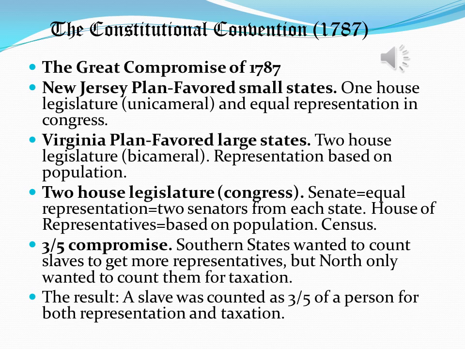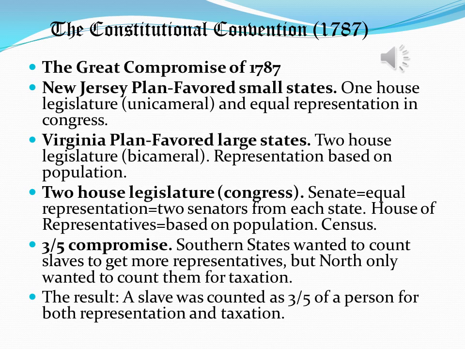So the more people you have in your state, the more representatives you're going to get in Congress, in the House of Representatives. In order to count how many people you had in your state, there would be something known as a census. Every 10 years, we have a census where they count how many people we have.